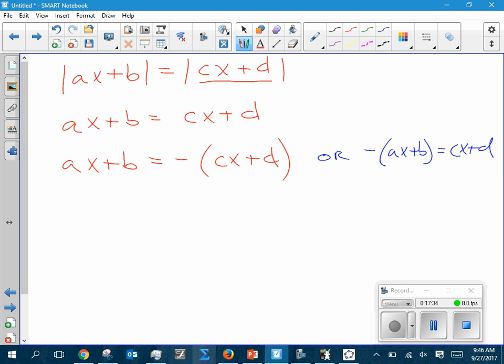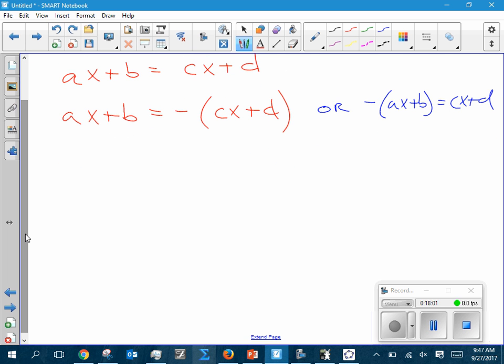You do not have to do both of those though. They're going to yield the same solution. The one thing I want you to understand is that you can't multiply both sides by negative, because if I multiply both sides by negative, doesn't it just give me the same thing that I started with right here? So when we're getting rid of absolute value bars, there has to be an extra part that shows up when we got rid of those bars.